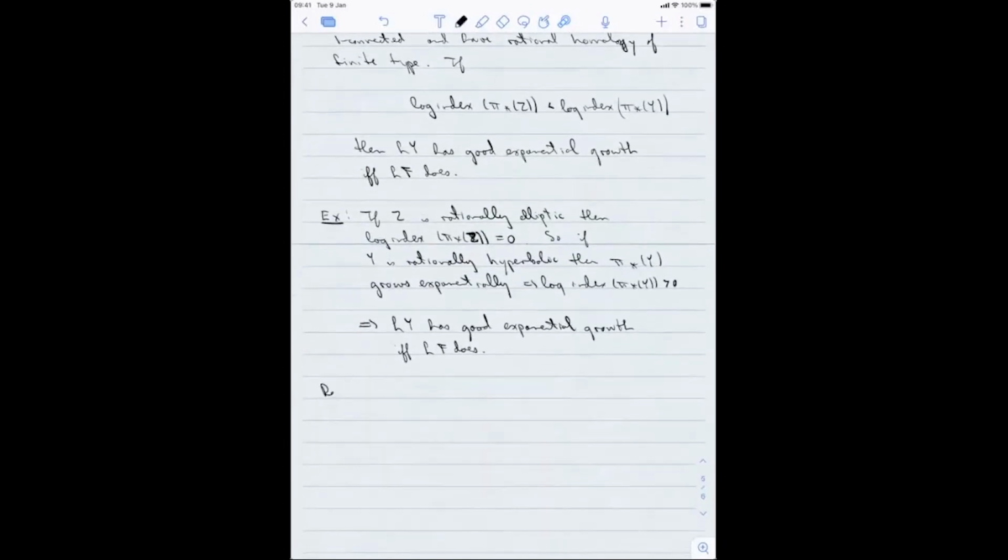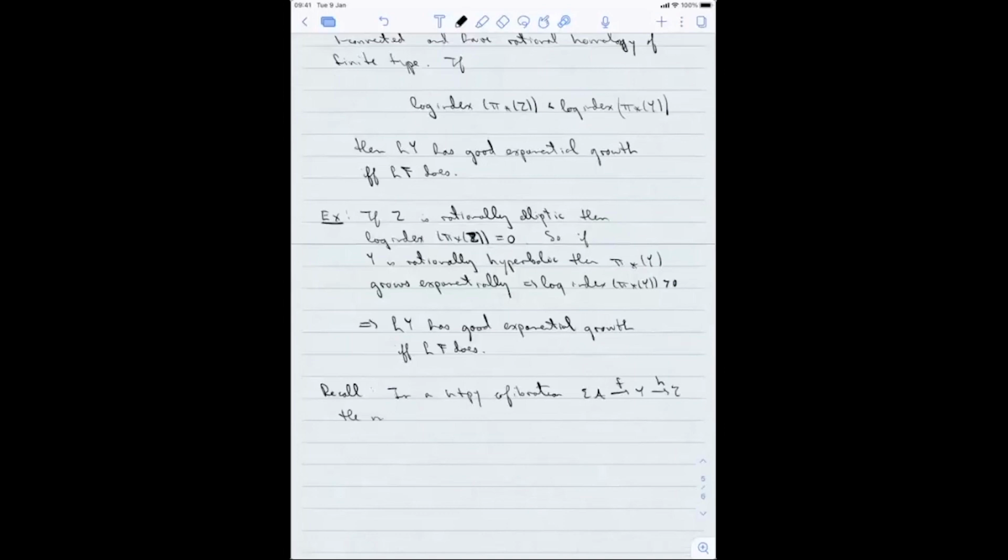Now I'll recall a definition. In a homotopy cofibration, suspension A to Y to Z, we label the maps.